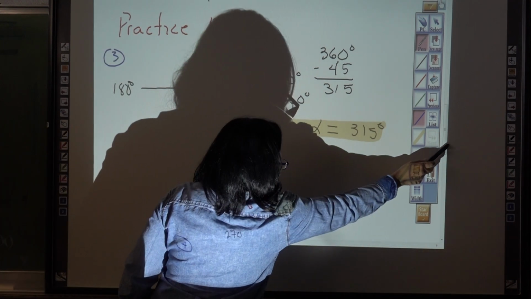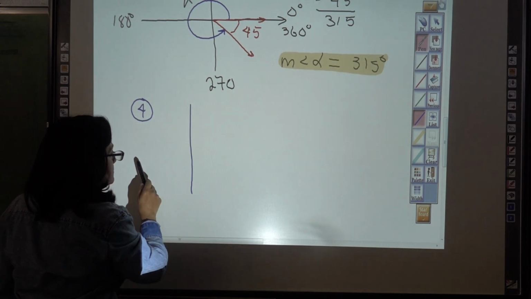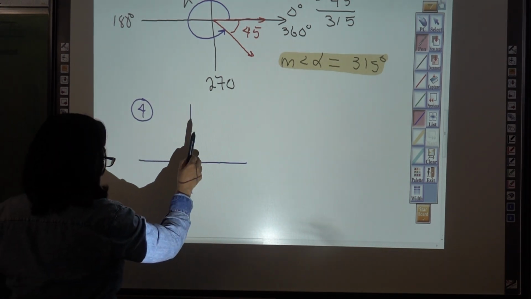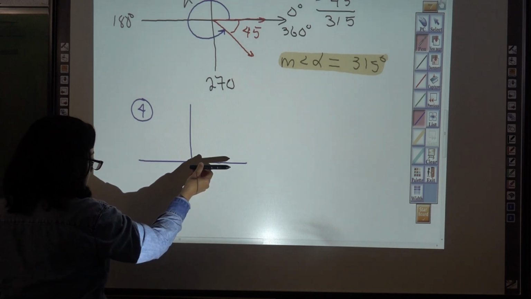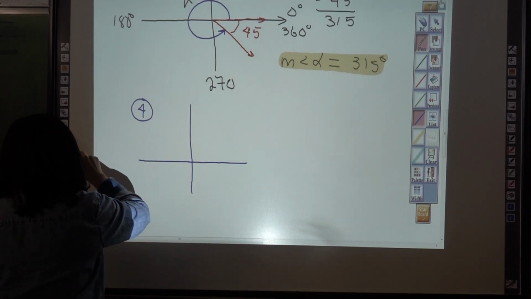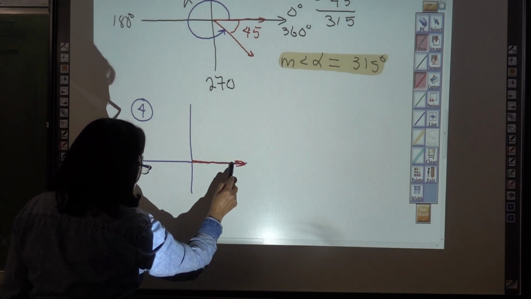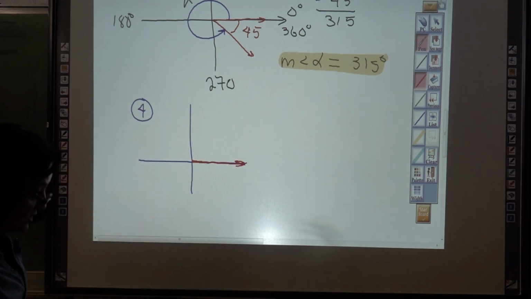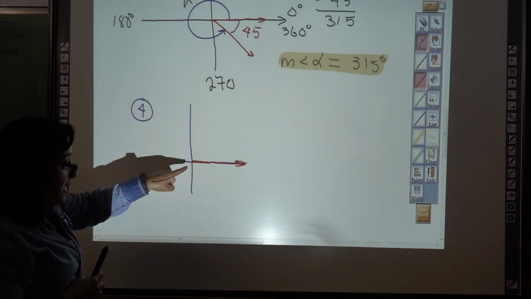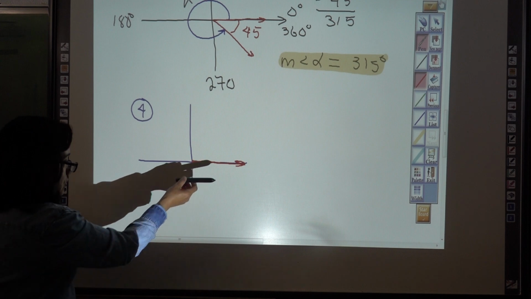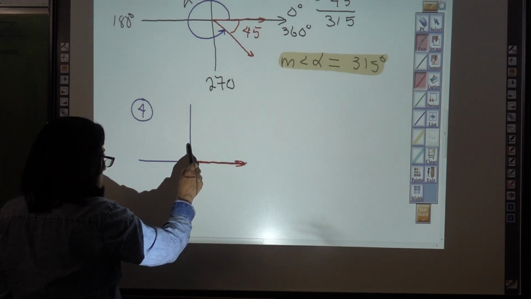In this one, they're giving you the angle is 100. This is 90. Think about it. This is 90 and 100 will be, you have to start from here. In a standard position, that's what it says right there. You start with the vertex at the origin and the initial side on the x-axis. So you go 90, 100 goes right there.